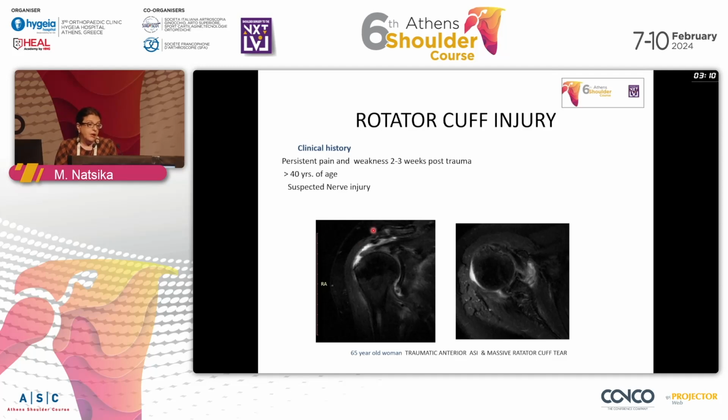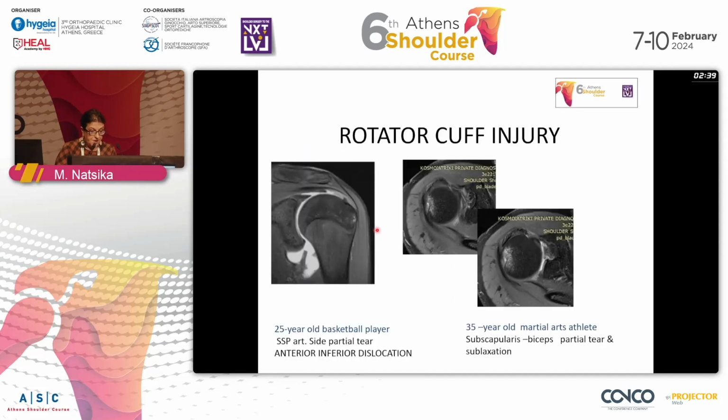One serious thing is rotator cuff injury associated with dislocation or instability. Most of the time we have a clinical history of persistent pain and weakness 2 to 3 weeks post-trauma, and sometimes you ask us whether we see a nerve injury, and this happens mostly in older patients or in high-energy trauma.